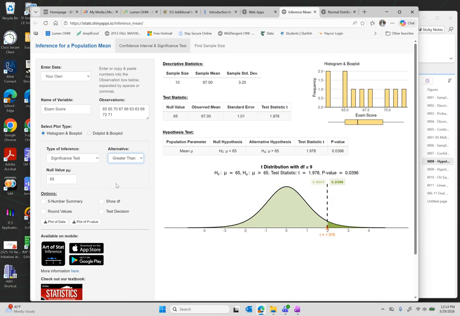And it will tell us that this is the t-distribution. It does go a little further than 4 and -4 on the tails. Our test statistic is a t-score that happens to be 1.978.